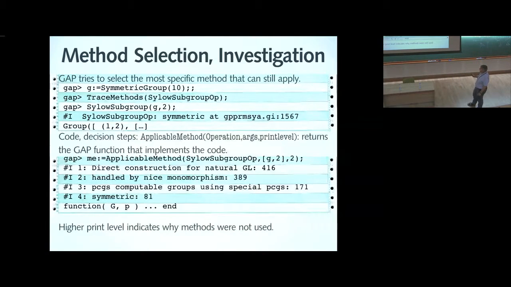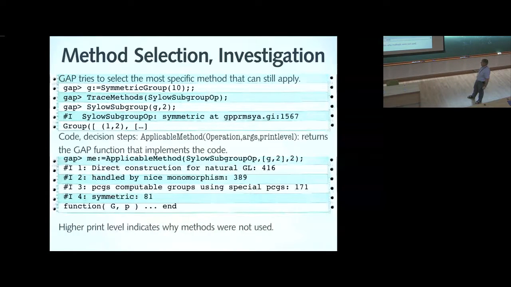If you want to see in more detail how GAP comes to this method, there is a GAP level function called ApplicableMethod. When you call it, it returns the GAP function which is called to execute that method.